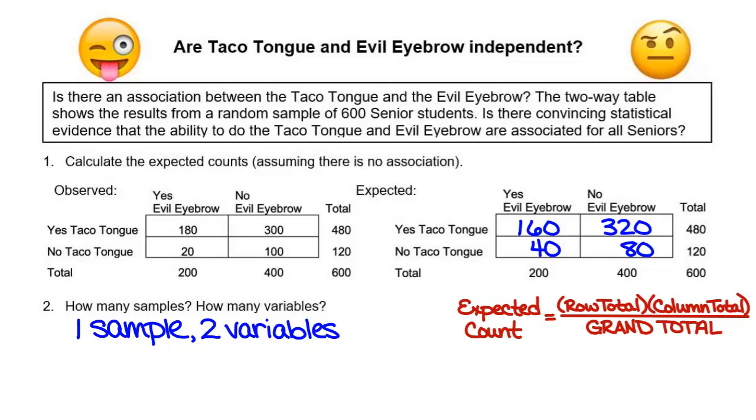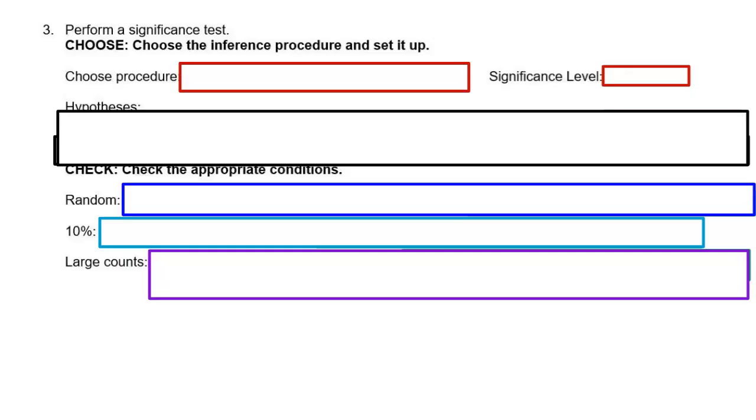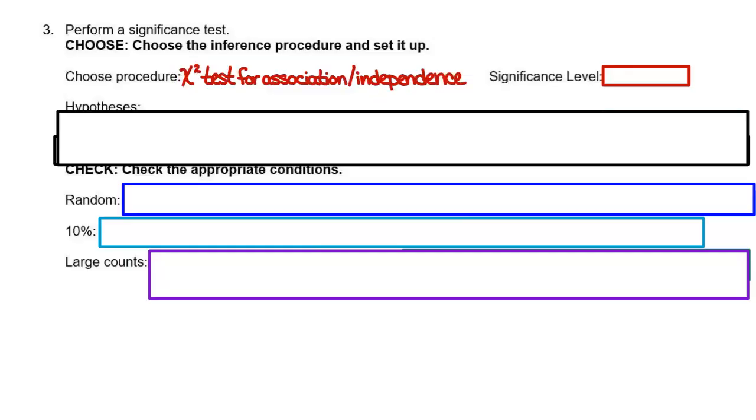When we have a situation where only one sample was taken, but we've collected 2 pieces of data about every member in that sample, and we want to know whether or not there's an association or a relationship in that sample, obviously, if it's a random sample, then we would want to generalize out to the population. Is there a relationship between the first variable and the second variable? And so we call that a chi-square test for association, or you can call it a chi-square test for independence.